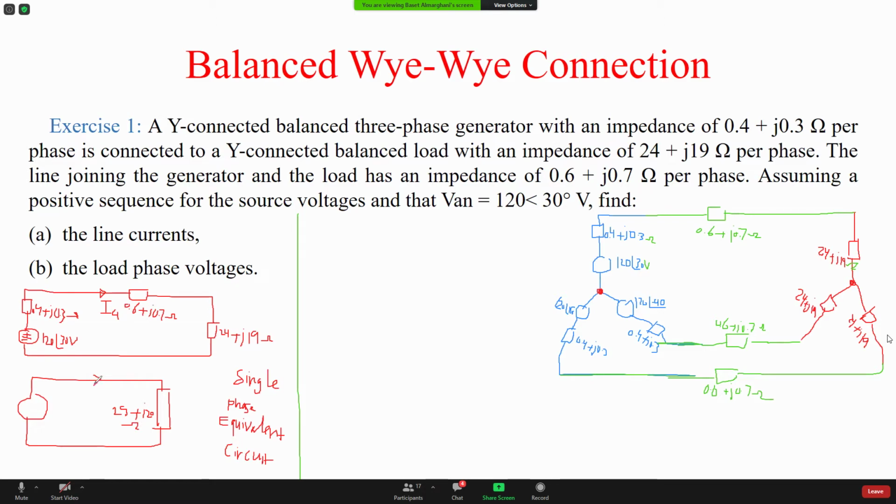This is IA, and the voltage is 120 angle 30 volt. Now it's easy to see the current IA, just the voltage divided by the impedance. So IA equals 120 angle 30 divided by 25 plus J20.